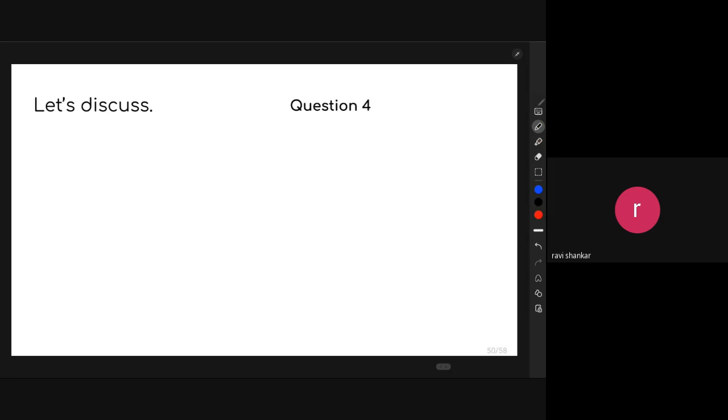So we have a function f satisfying this inequality. First we need to prove that f is continuous.